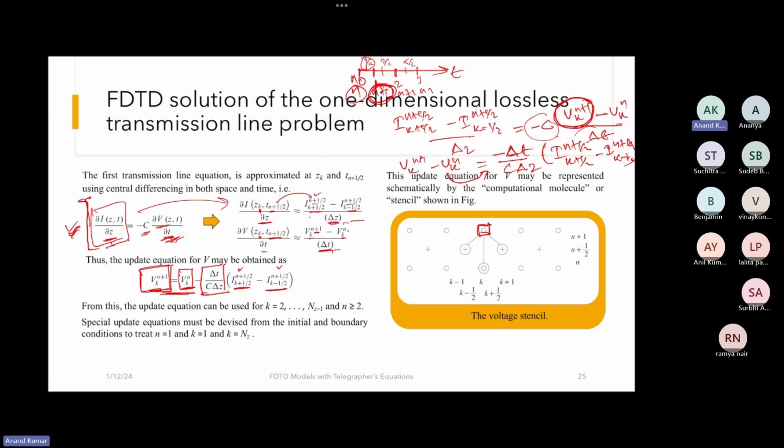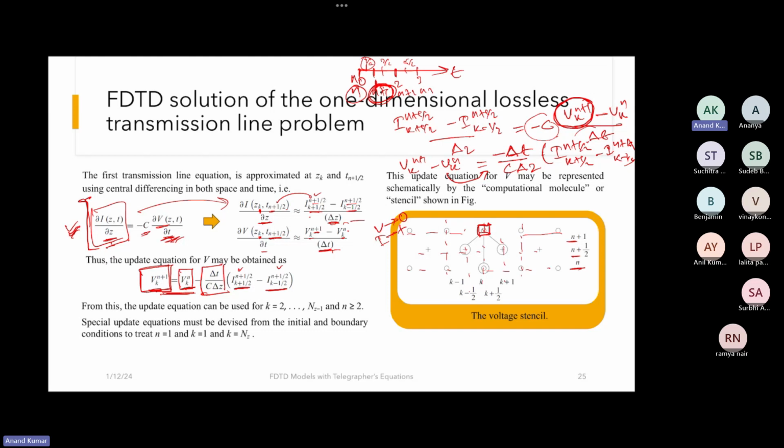The zeros are the voltage values, and the currents are given by the plus signs. This is your nth instant, this is your n plus half instant, and this is your n plus 1 instant. This is your kth position, this is your k plus 1 position, and this is your k plus half position.